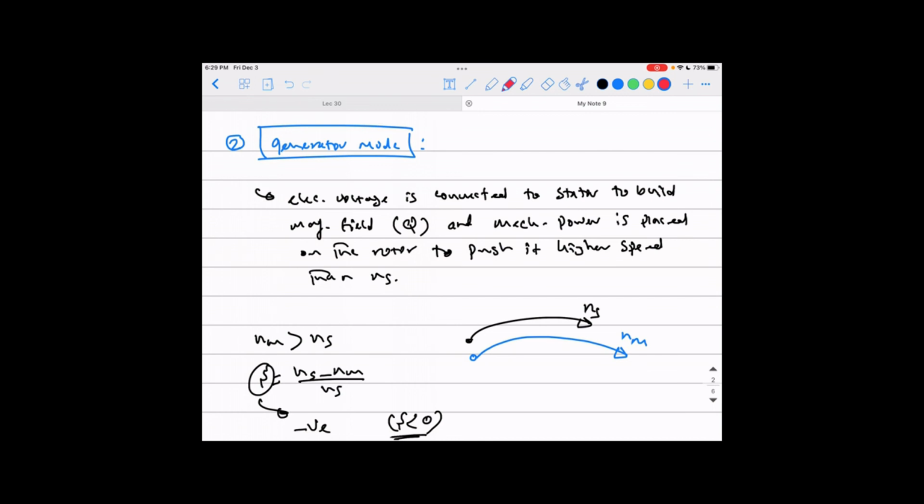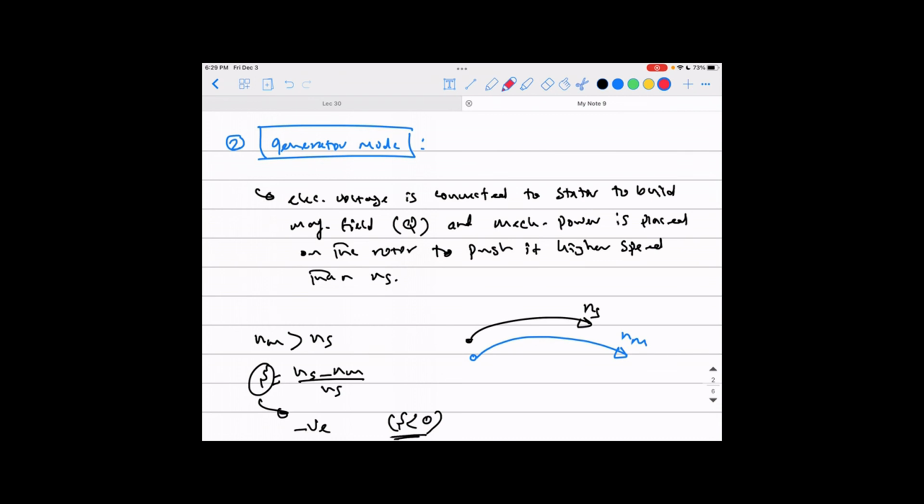Actually, for the generator mode you can also deal with what we call a doubly fed induction machine, and it is the most commonly used one for wind turbines. By doubly fed machine I mean you have two three-phase voltage sources, one on the stator and one on the rotor.